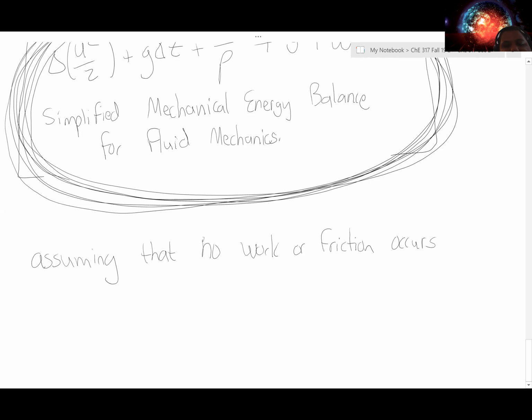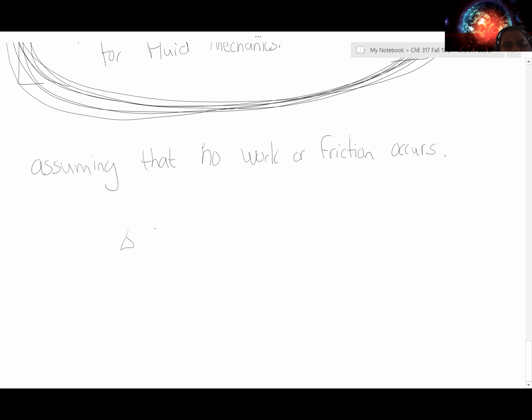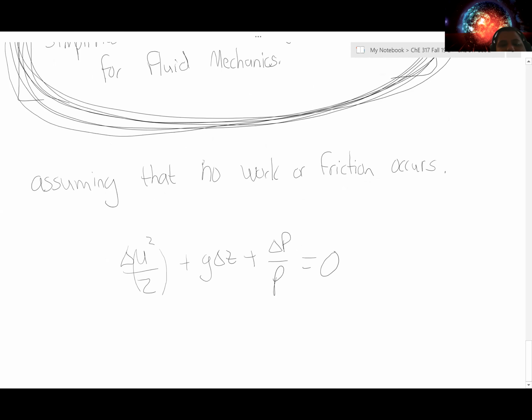We get a more simplified expression that looks like this. And this is our Bernoulli's equation, or the simplified Bernoulli's.